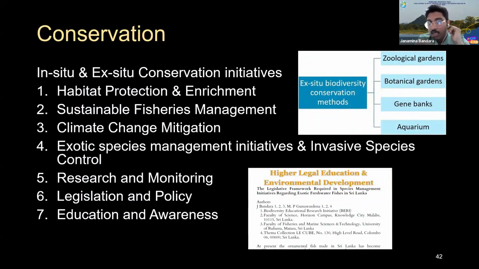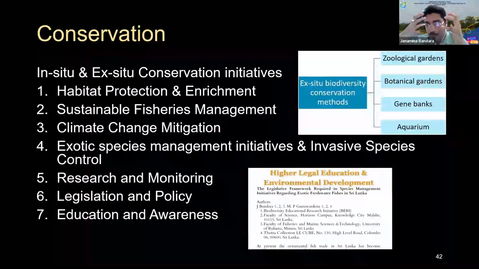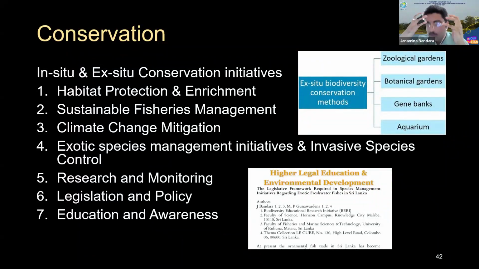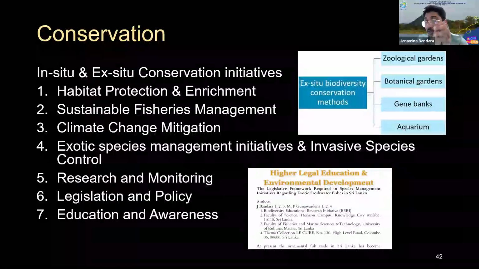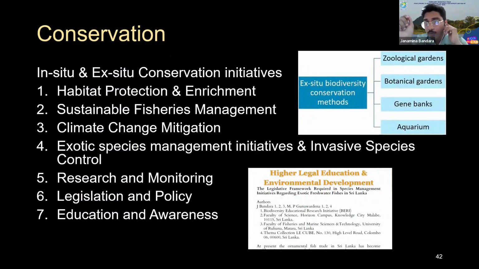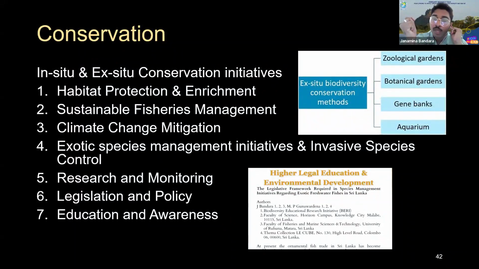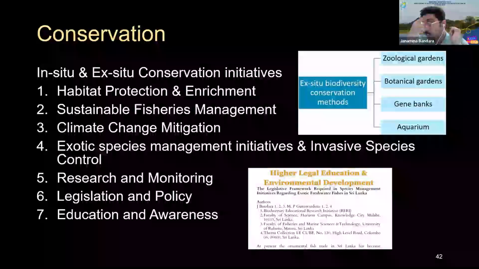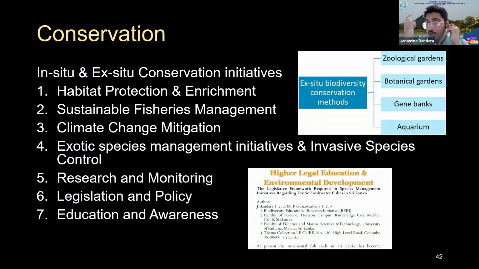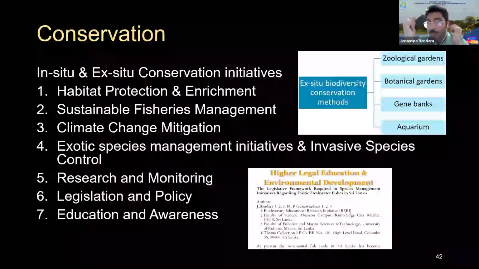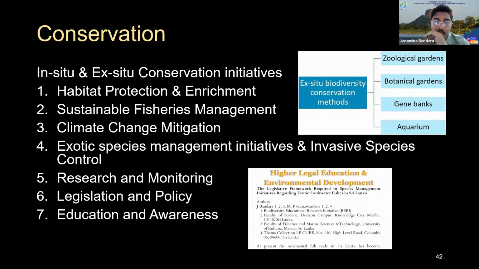So in that case, habitat protection, the conservation of these ecosystems, is really important for the conservation of other species. For this, you can use keystone species, like in the freshwaters. You need to select these keystone species and develop certain mechanisms.